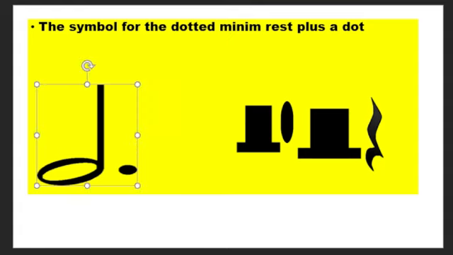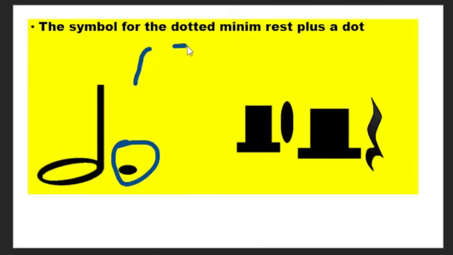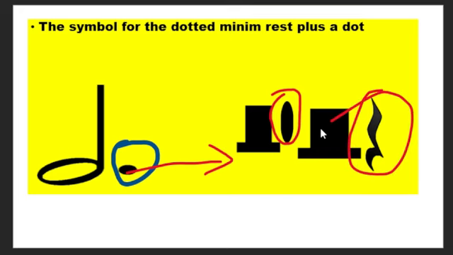Remember what I said, that a dot represents half of this note. So it would be around three crochets to make this. So this is the symbol in two ways. Some can have a dot, or another can have the real symbol. So this is the rest of the dotted minim.